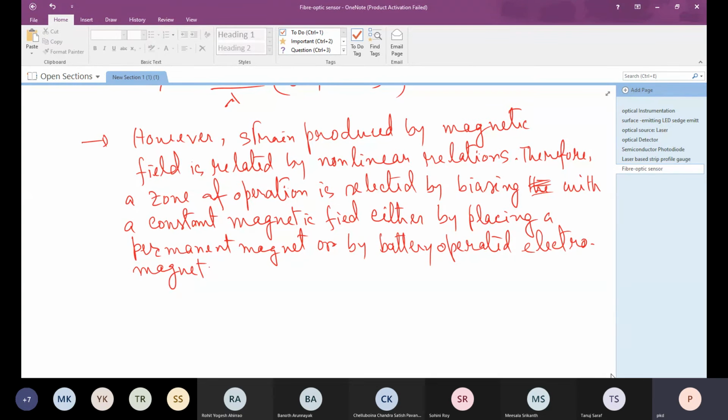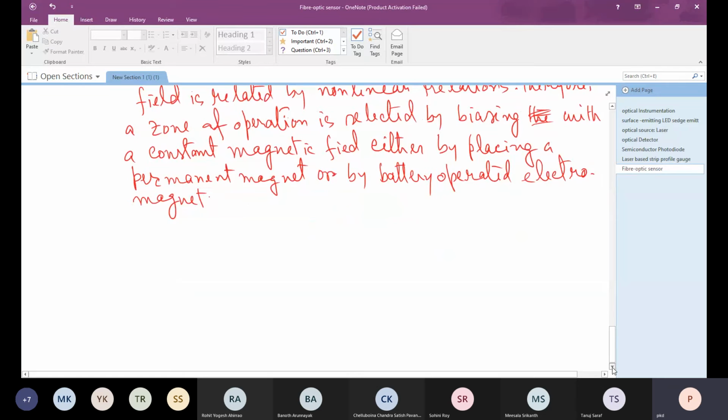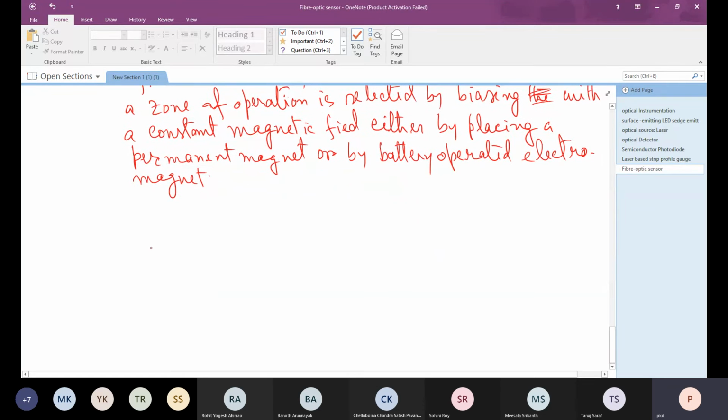So this biasing is usually done by a battery operated electromagnet, because we have not put any external electrical connection to the whole measurement place of the sensing box.